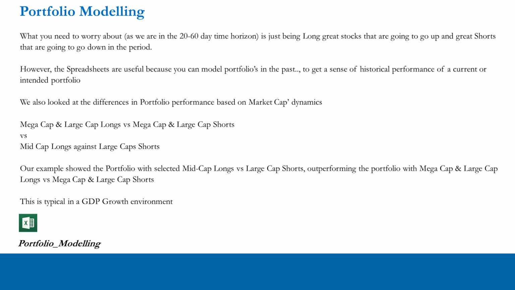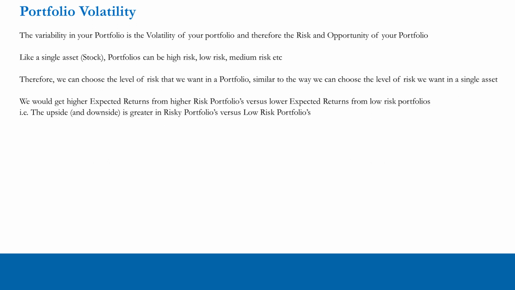Now, the next thing that Chris showed you were all of the resources and processes for calculating portfolio volatility. Back to the basics, the variability in your portfolio is the volatility of your portfolio, and therefore it represents the risk and opportunity of your portfolio.